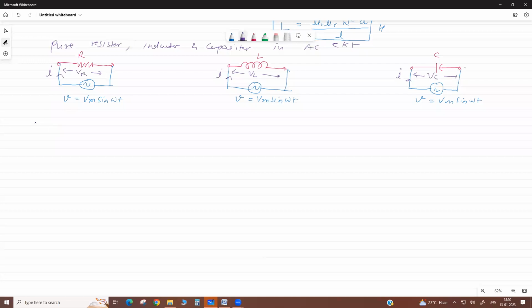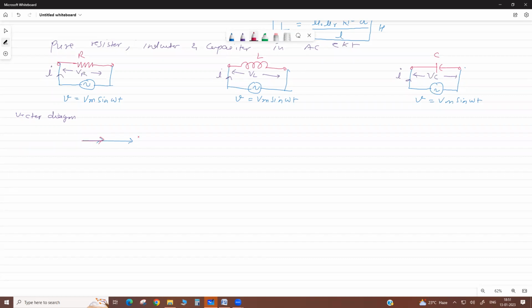When we represent this with a vector or phasor diagram of voltage and current, in AC we represent the effective value, the RMS value. Suppose this is your voltage across R, and this current; both are in the same phase. There is no phase difference.